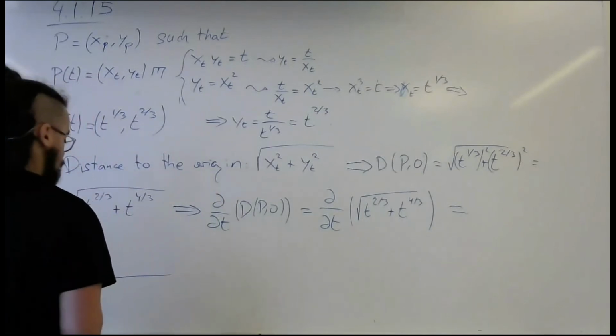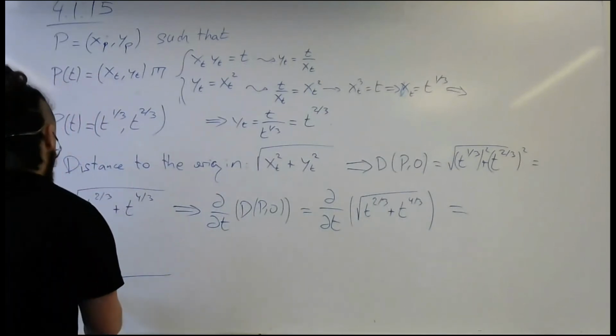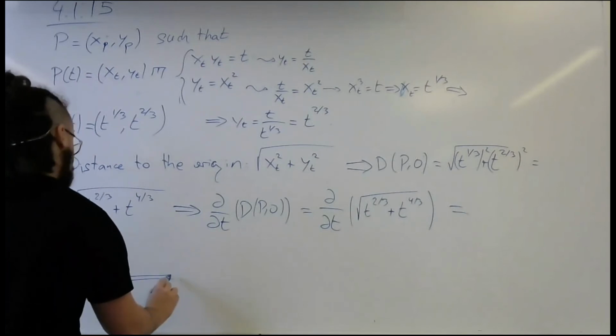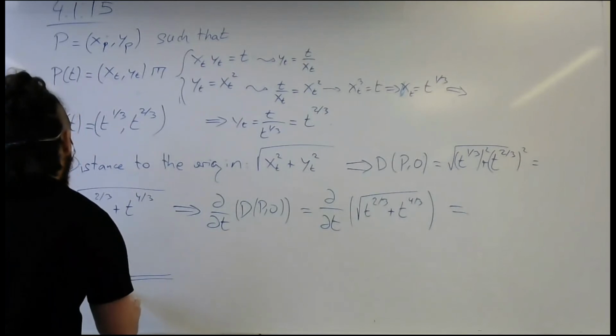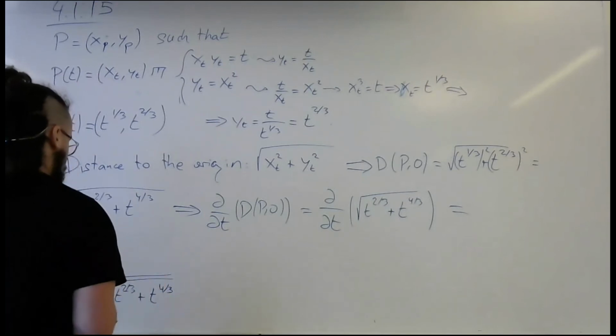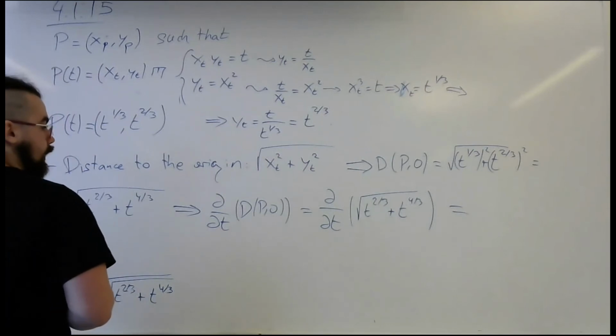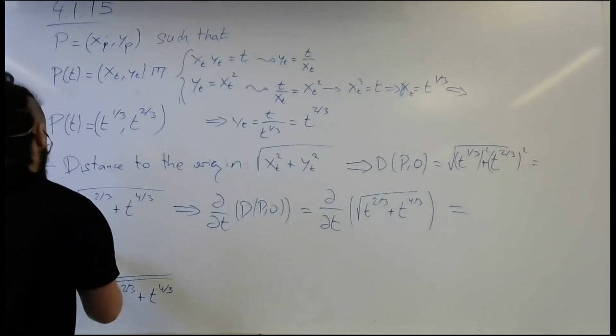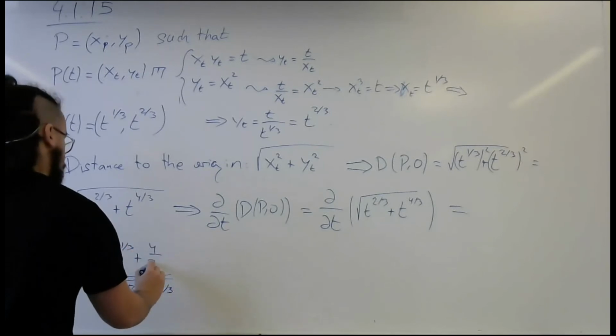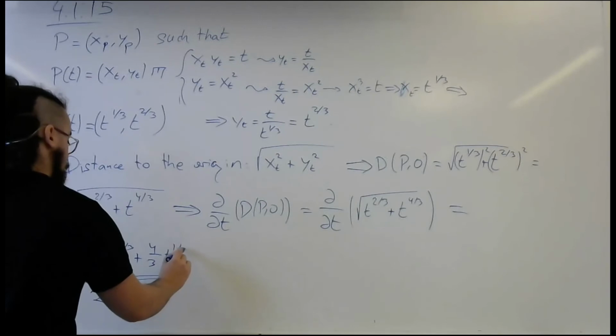This is this thing over here in the denominator, and in the numerator goes the derivative of what is inside, right? Which is 2/3 t to the power minus 1/3 plus 4/3 of t to the power 1/3.